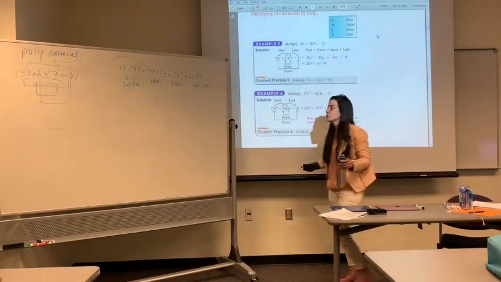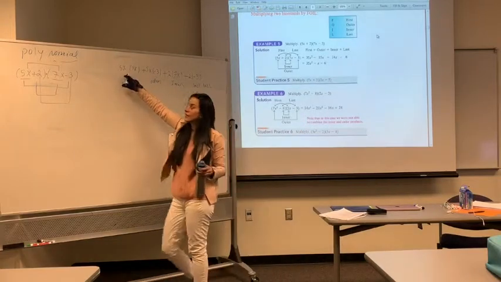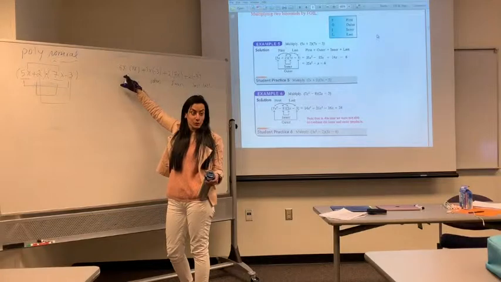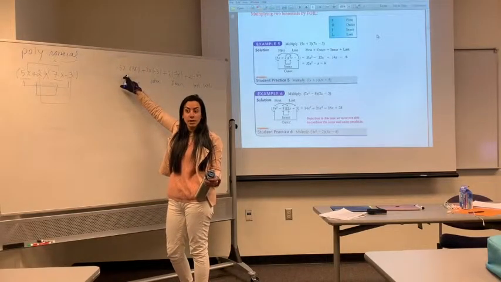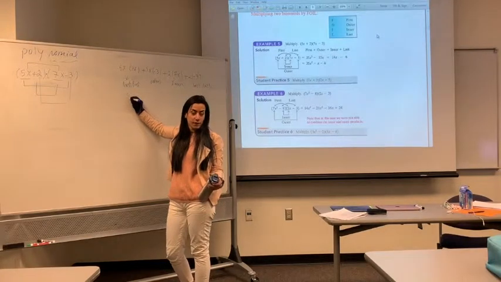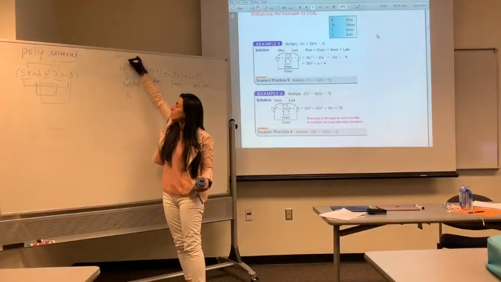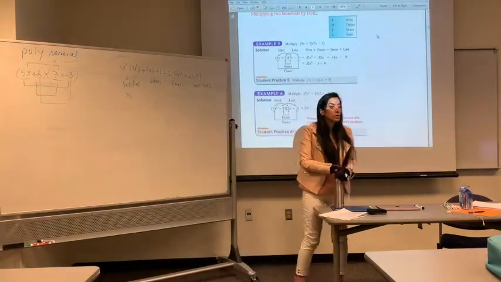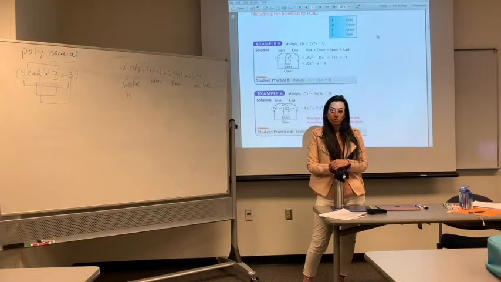So now we just simply multiply them. 5x multiplies 7x. 35x squared. X squared, exactly. Correct? So 5 multiplied by 7 is 35. And then x power 1 multiplied by x power 1 gives us x power 2. Do you know this, all of you?